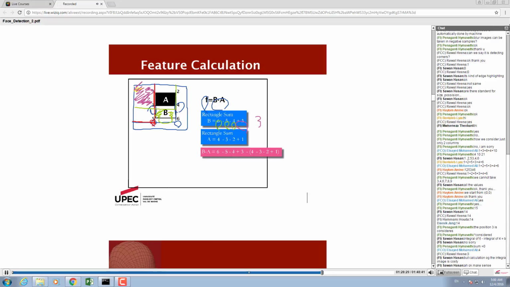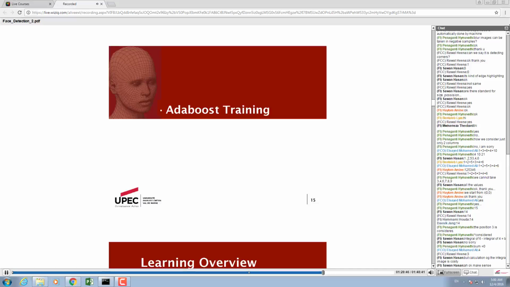If you turn off this feature, the speed becomes much slower. There is another factor too, but this is one important step that makes the algorithm very fast.